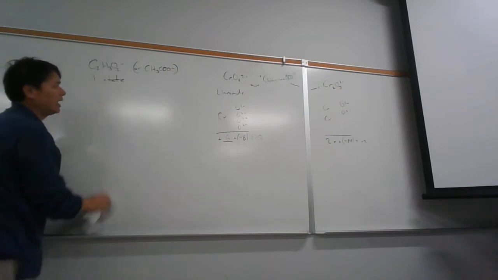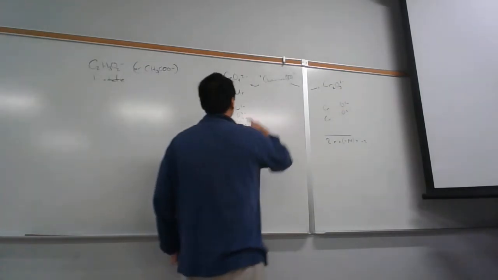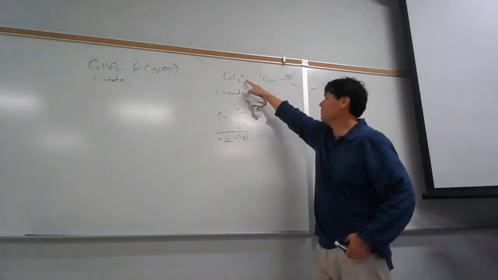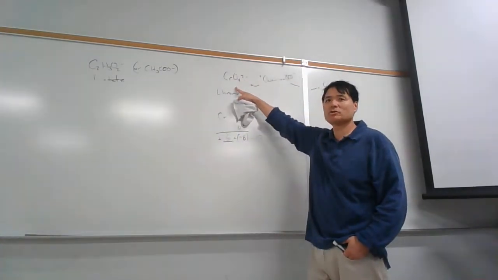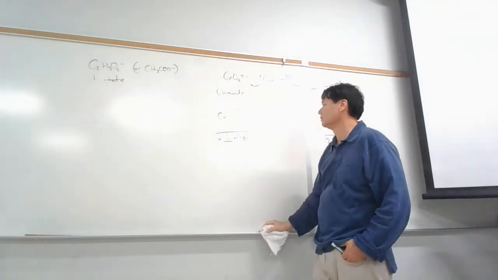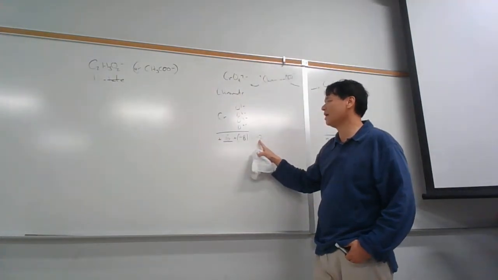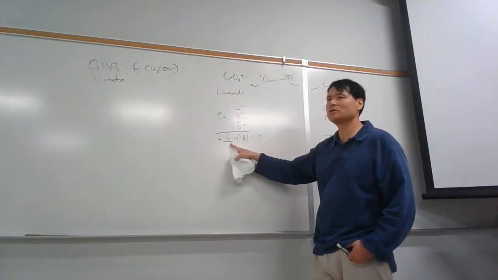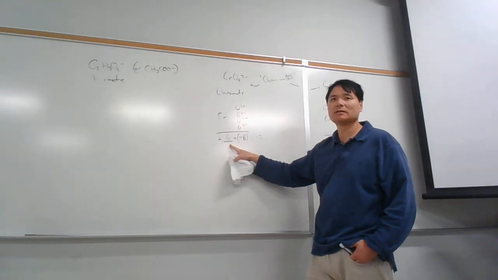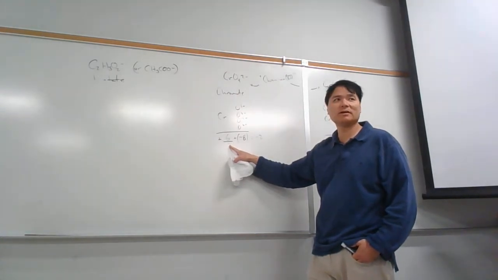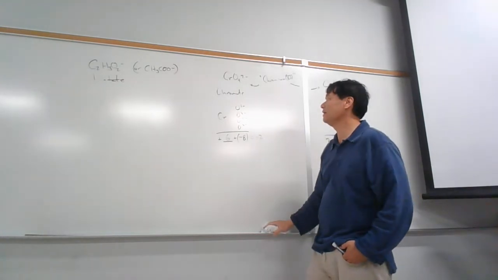So if you accidentally, let's say, you put this as a -1. If you put this as a -1, what would chromium's charge be? Well, this has to add up to -1. Therefore, chromium's charge must be +7. Is +7 a reasonable charge for chromium? No, it's not. And so this way you can catch yourself.